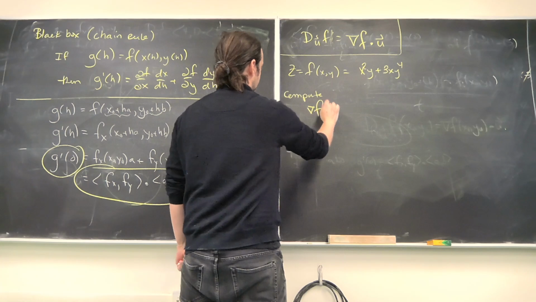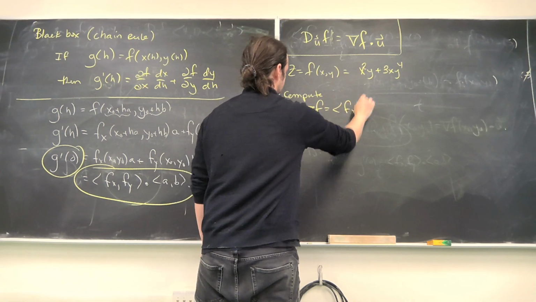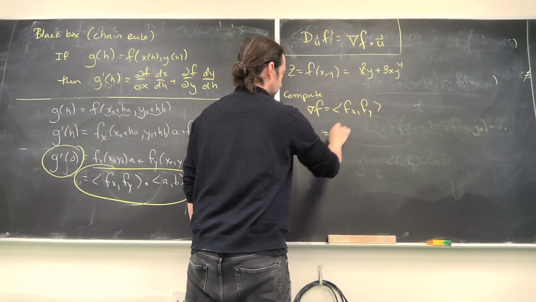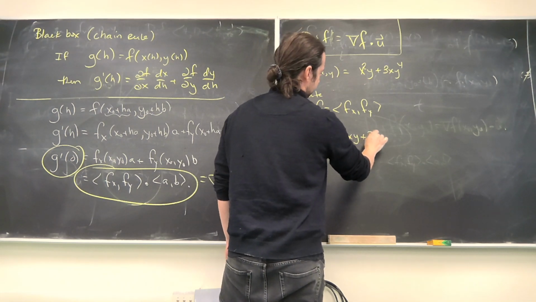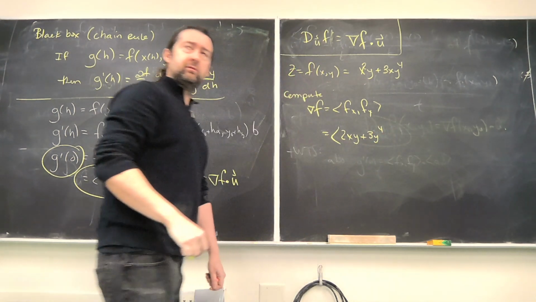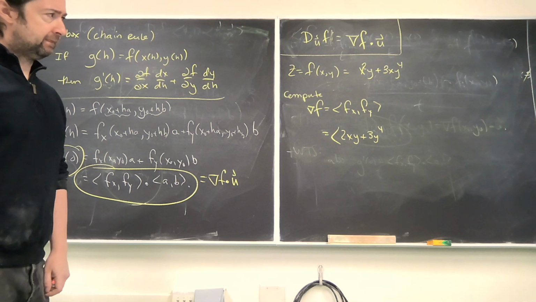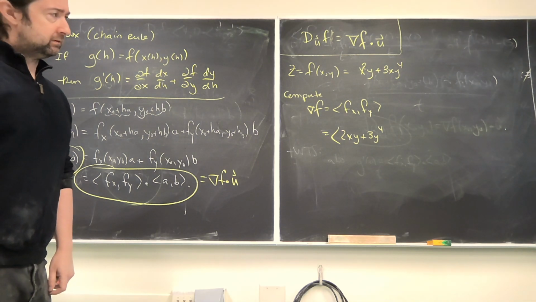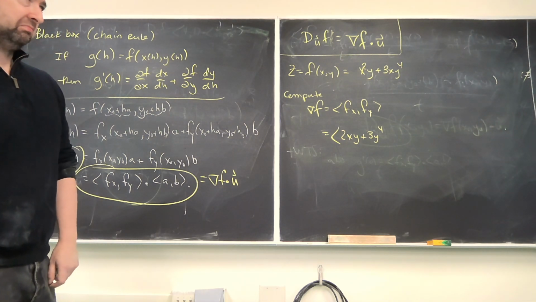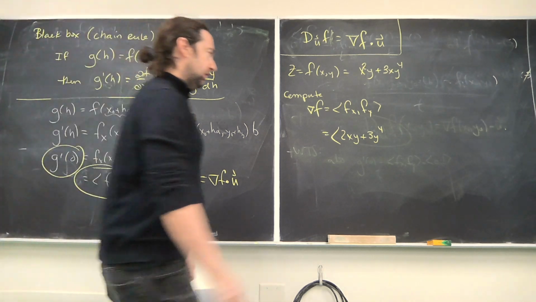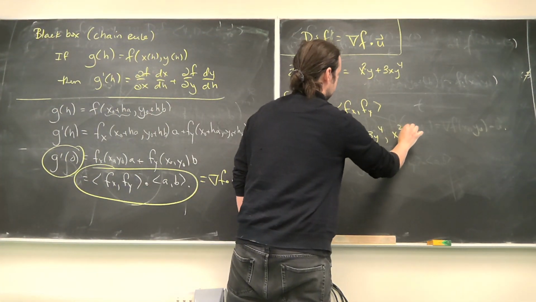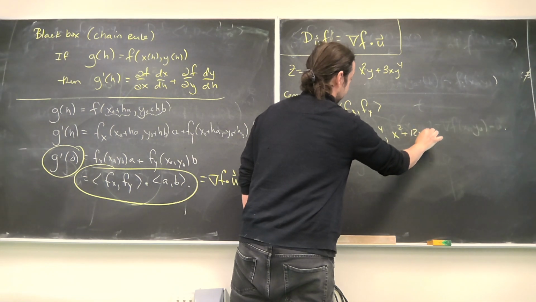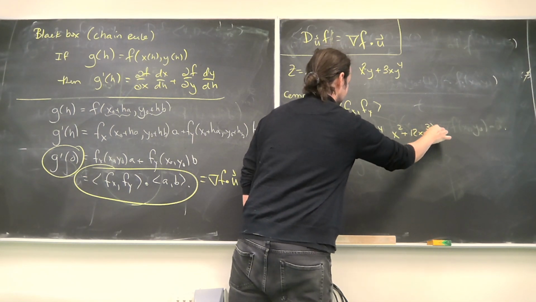The gradient of f is (fx, fy), which is 2xy plus 3y to the fourth, I think. And in the second slot, the partial with respect to y is x squared plus 12xy to the third.